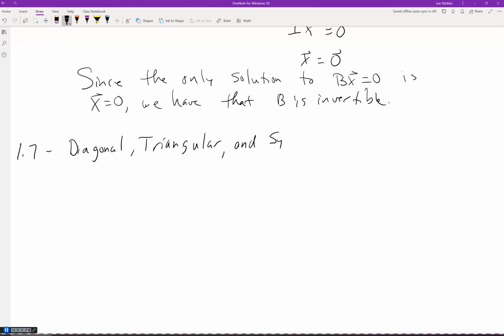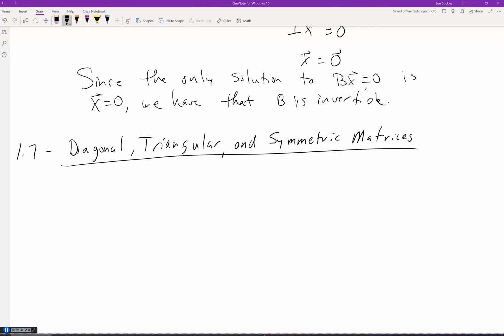That's going to come into play later with the least squares idea that we'll talk about later in the semester. Symmetric matrices will pop back up again. But for our application purposes, the triangular ones are the ones that we're going to be interested in right now.